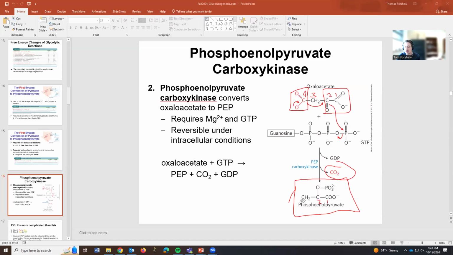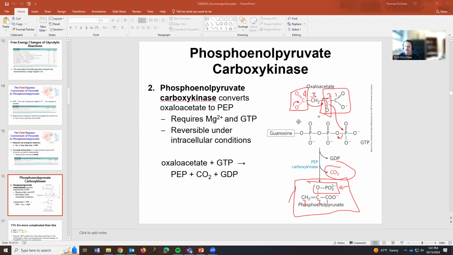Carbon 1, 2, 3, and the ketone from oxaloacetate is now the phosphorylated group.